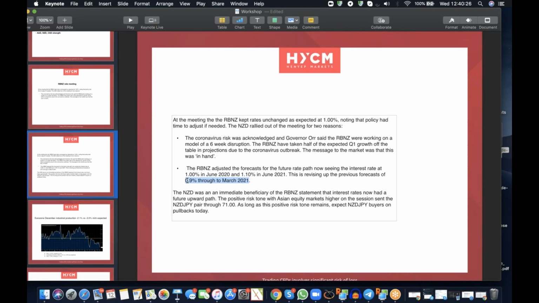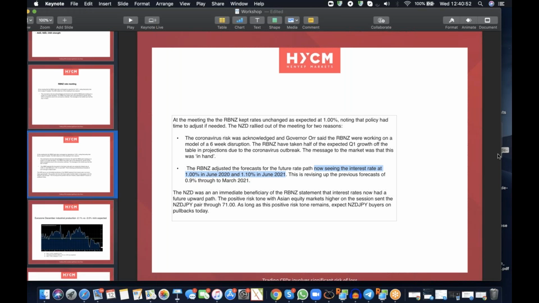They changed it last night, saying we now see interest rates at 1% in June 2020 and 1.10% in June 2021. So in other words, the Reserve Bank of New Zealand have essentially said to the market, we're feeling much more optimistic than we had previously thought.